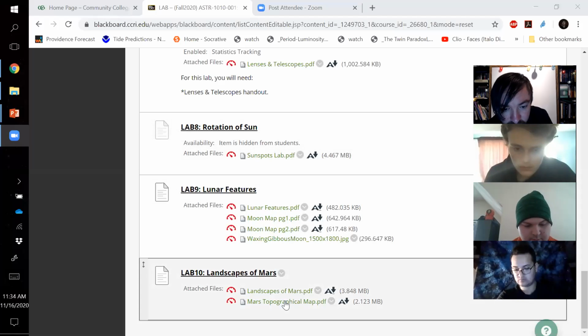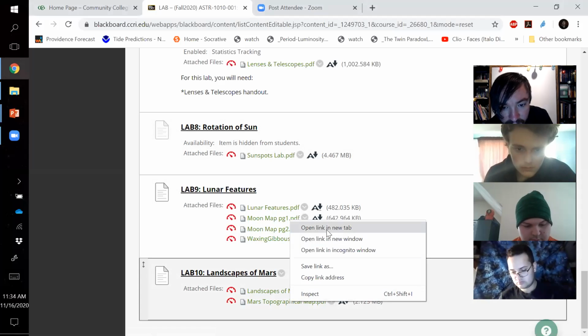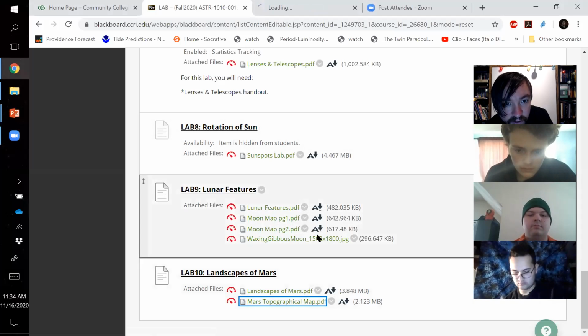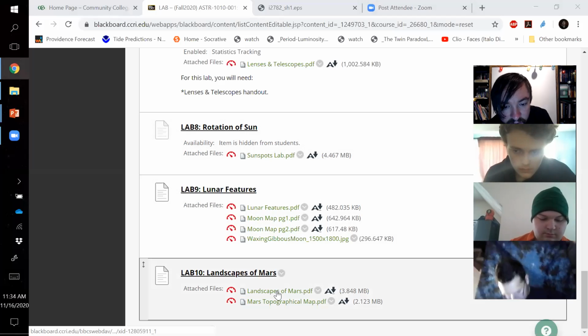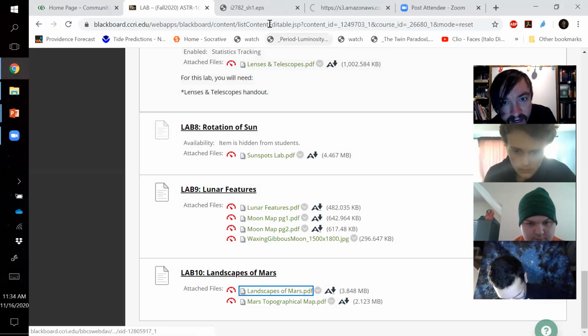A reminder to the class that you may not need to actually print out the lab for today, because let me share my screen to show you the concept here. When we do our lab today, you will need the Mars topographical map. Okay, so I just opened that up. And you will also need the landscape of Mars handout.